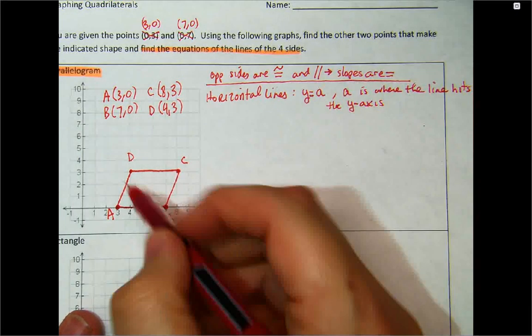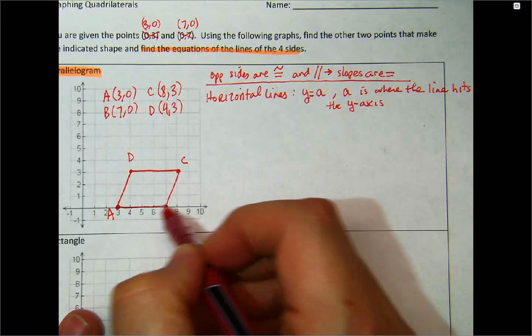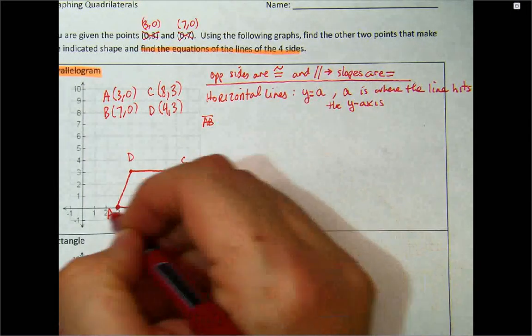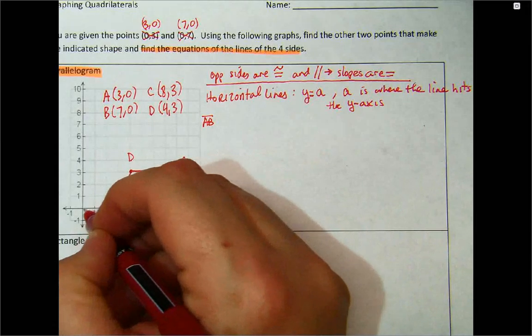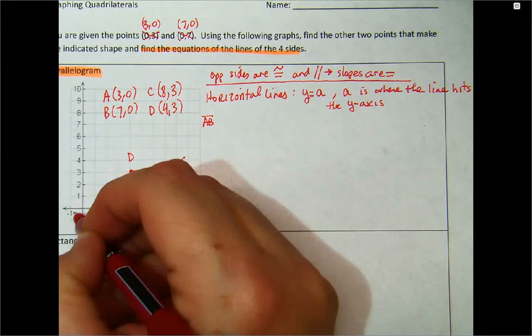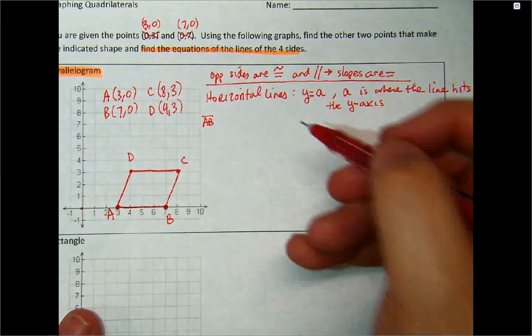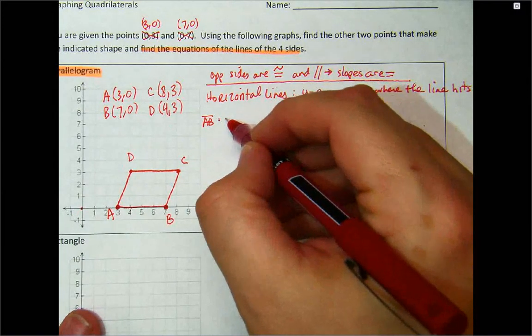So for AB, where is this going to hit the y-axis? What number? Well, what's this point right here? 0. So I can say y equals 0 for this.